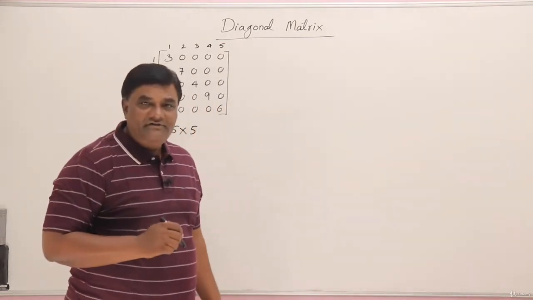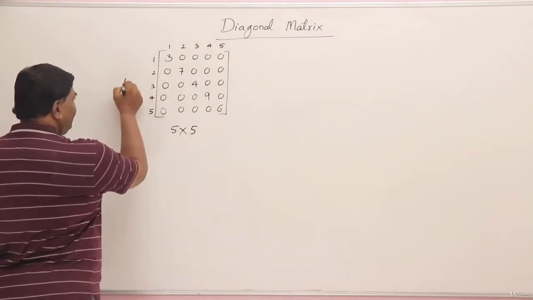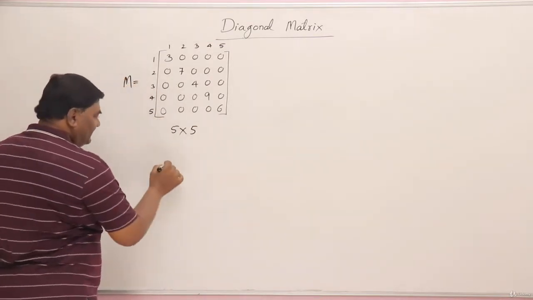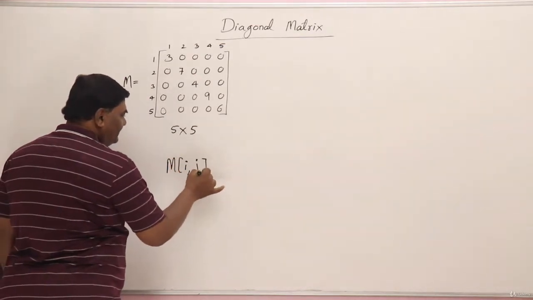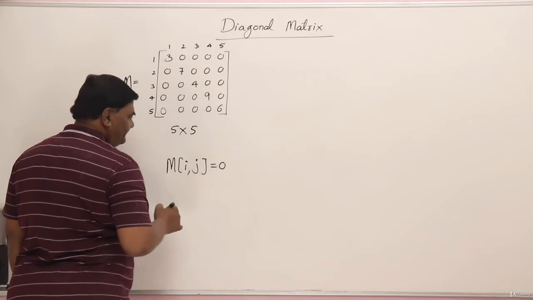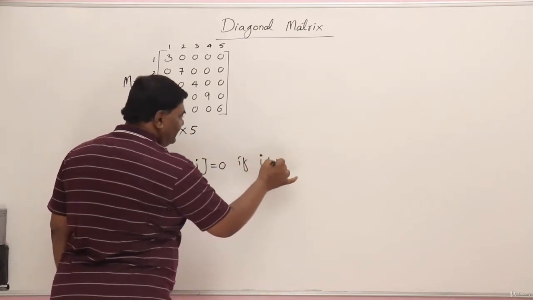So let us see how we can define this one. See, if this is a matrix M, then M of i, j is 0 if i is not equal to j.